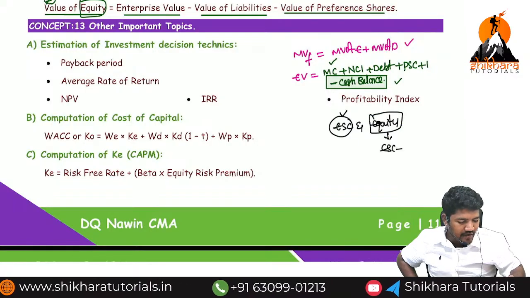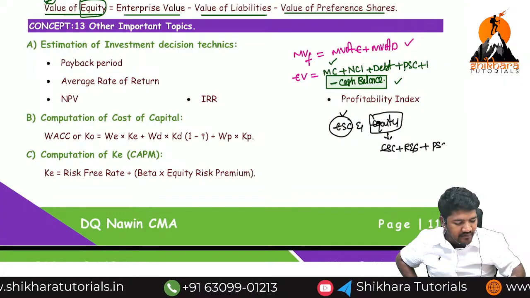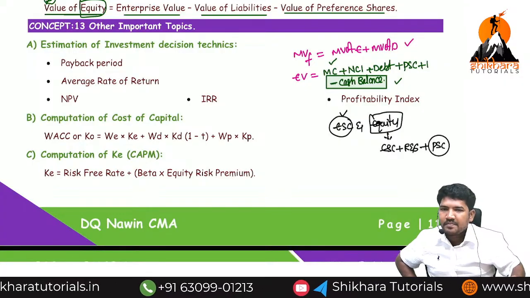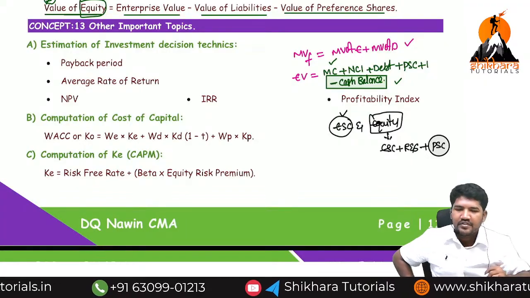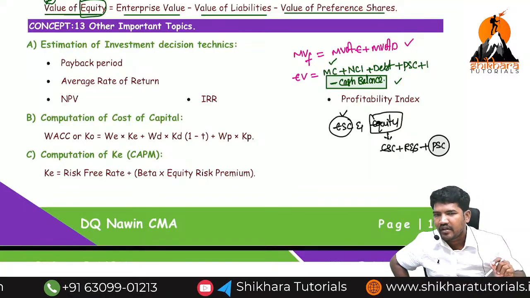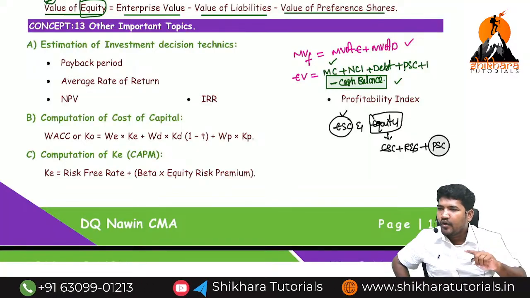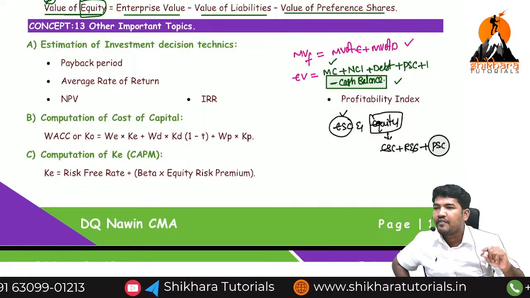Equity share capital plus reserves and surpluses, right? Plus preference share capital. Why preference share capital? I already explained preference share is a hybrid security. Very clear. Even though there is not a true owner, we are treating them like an owner. That's why we provided preferred payment.